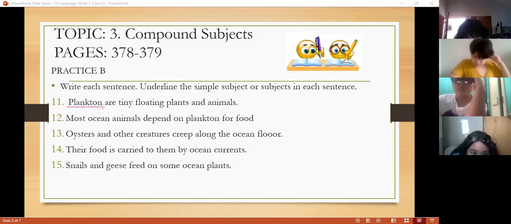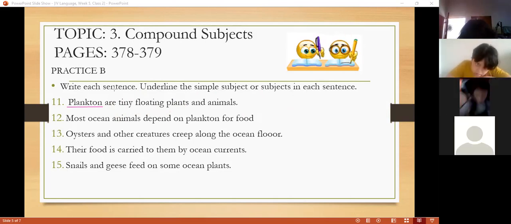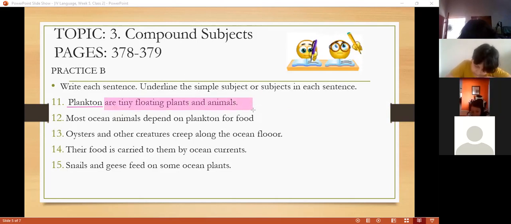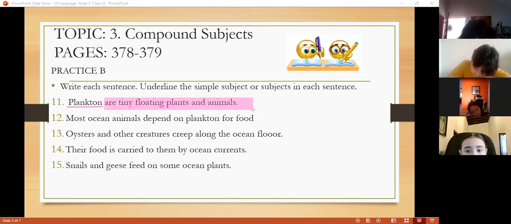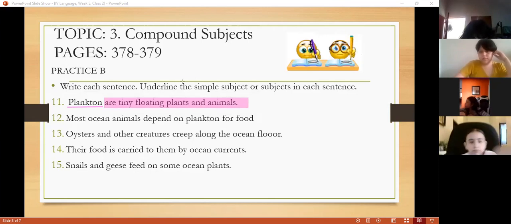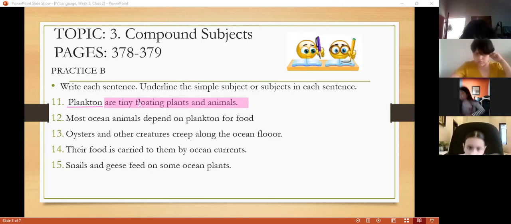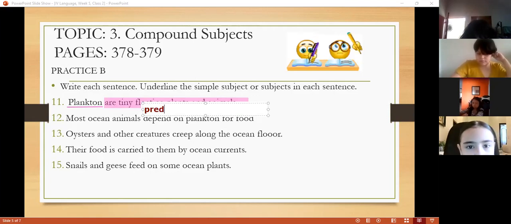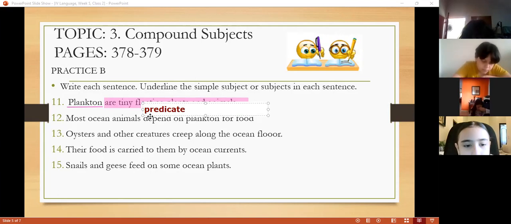Subject is the first part of the sentence, and predicate is the rest of the sentence. So all of these, are tiny floating plants, it's a predicate. We're working on subjects. Subjects, not predicates. This is the predicate. All of this is the predicate.